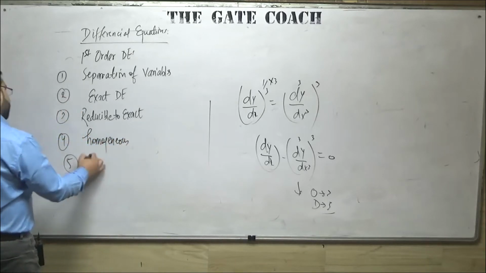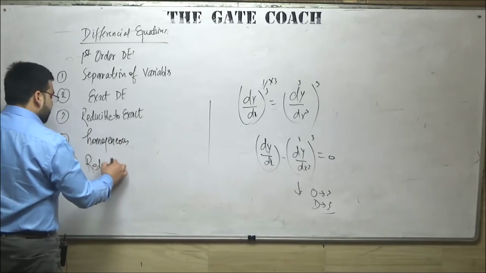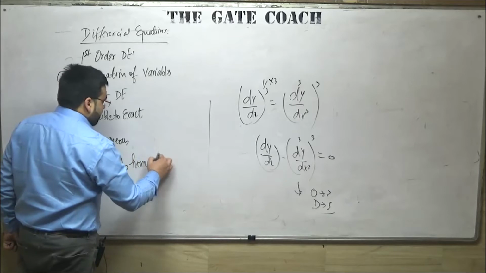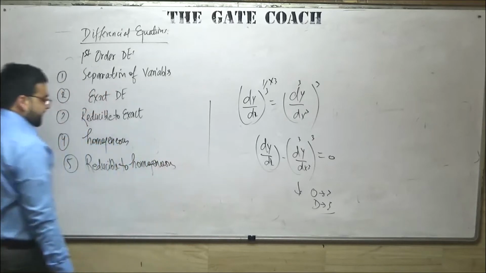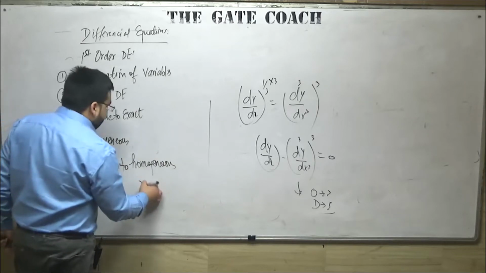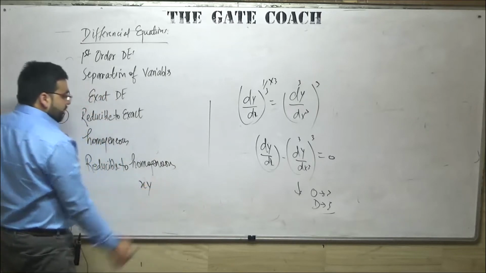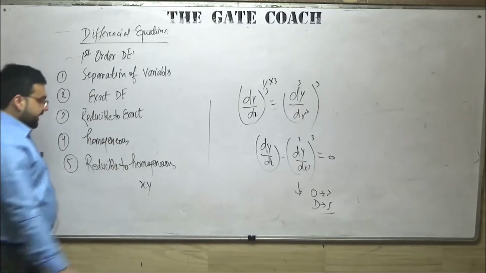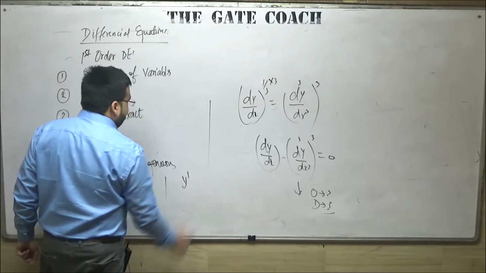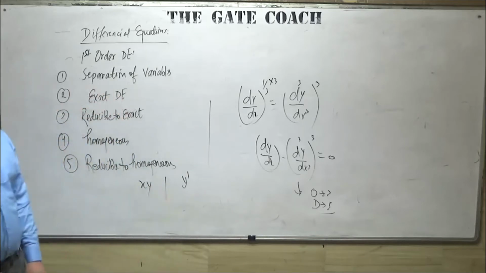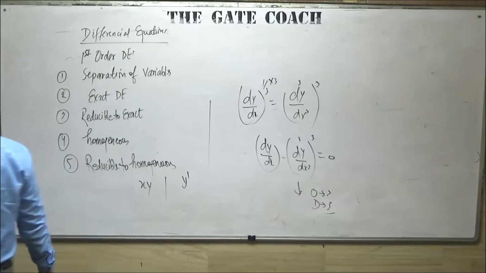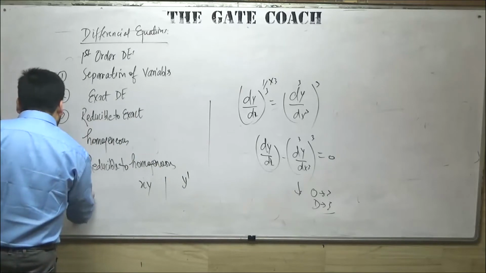Then reducible to homogeneous. Now what is the meaning of homogeneous? If the summation of the powers of x and y is the same throughout, that is called homogeneous. What is linear? If the power of y is 1 in the differential equation, that is called linear. So we have discussed these types of equations.